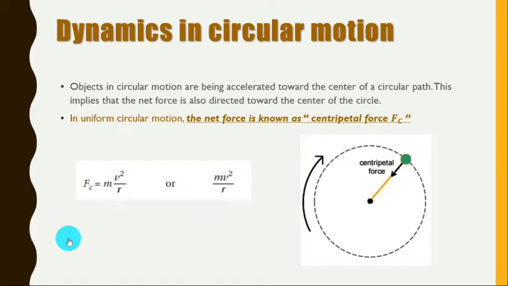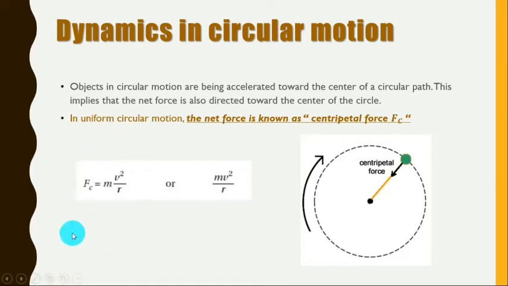We call these forces, when we add them, centripetal force. So we don't have a particular force the same as friction or tension or normal or gravity. Centripetal is the name of the net of all forces acting on the object. Okay, I hope that this point is clear.